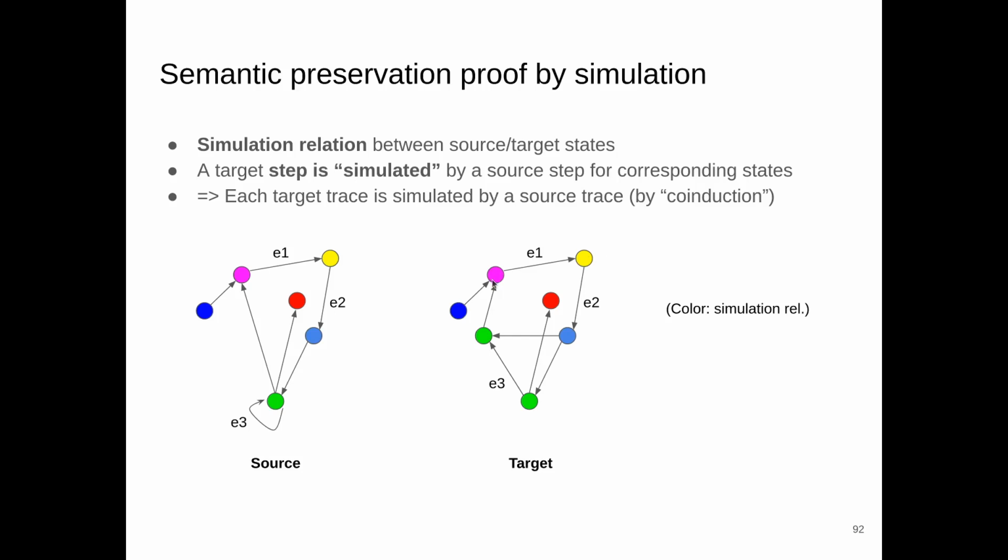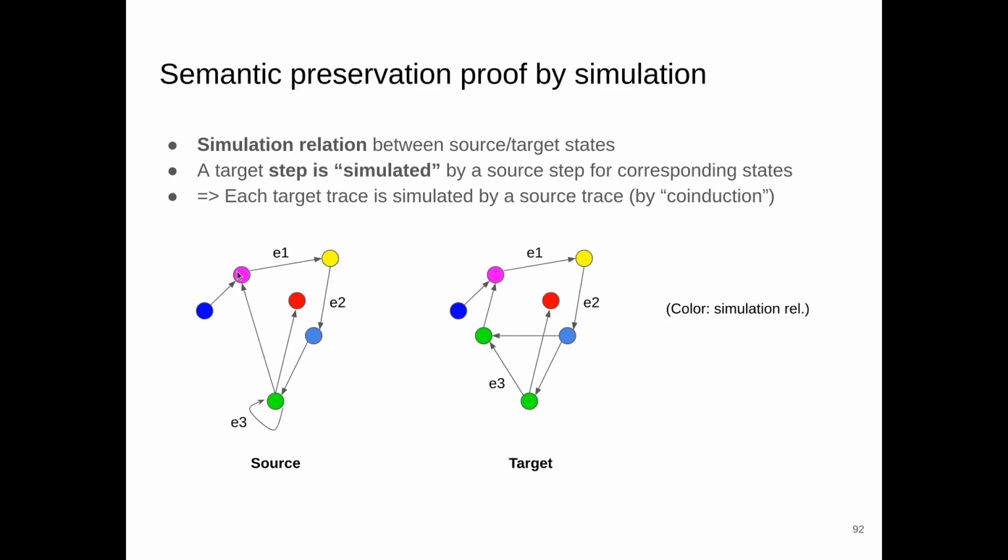And this step from the purple one to the yellow one should be simulated by the source program, where there is a corresponding purple node here, and it should have the same edge with the same label that is transitioning to the same color. So that is basically the simulation. So for our transition here, and for all states that are related by the simulation relation, so this purple is related to here.